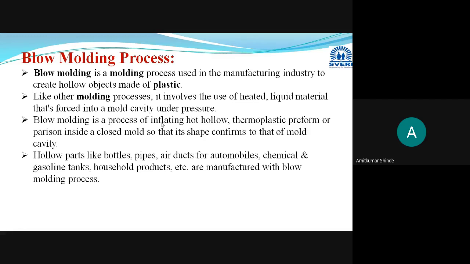Initially, whichever thermoplastic material is there, we are going to manufacture a tube, having a certain smaller length. It will be tubular, or you can say cylindrical in nature. It is a small hollow tube, and it is manufactured by heating the plastic material and performing an extrusion operation.